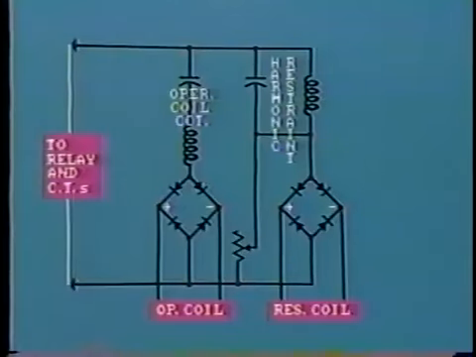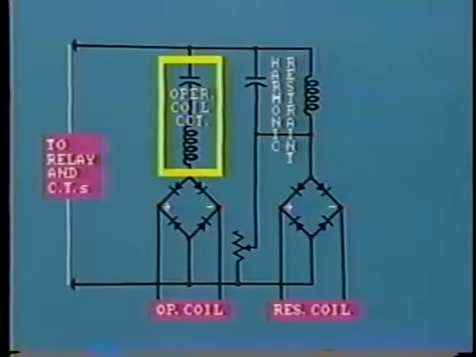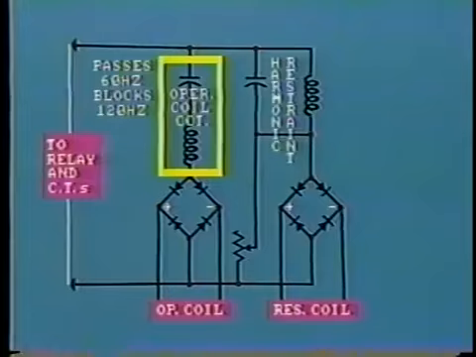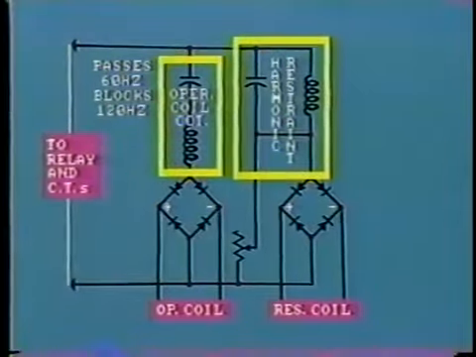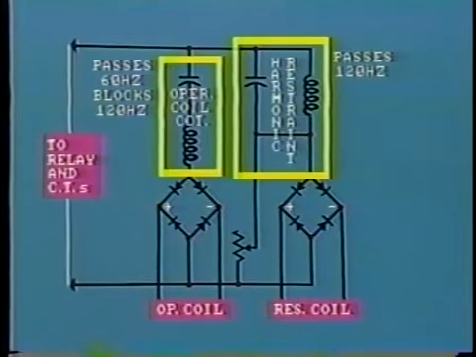There are actually two tuned circuits. The operating coil circuit presents a low impedance to 60 hertz current and a high impedance to 120 hertz current. The restraint coil circuit is just the opposite, presenting a low impedance path to second harmonic current and high impedance to 60 hertz current.